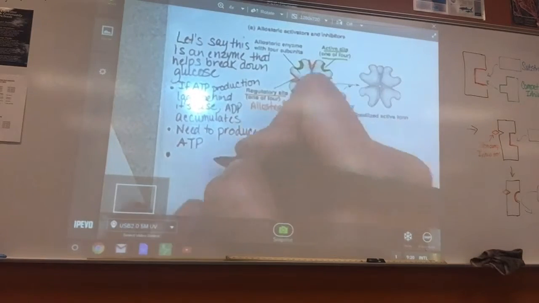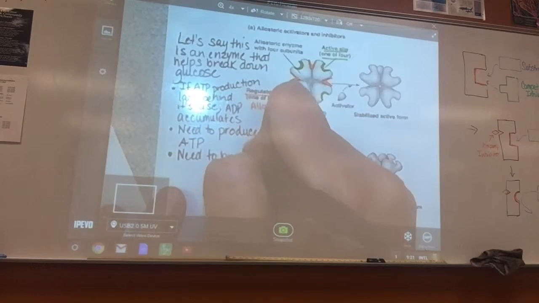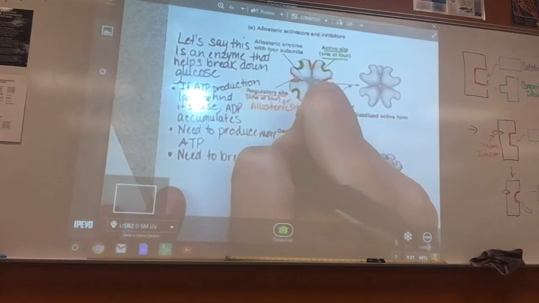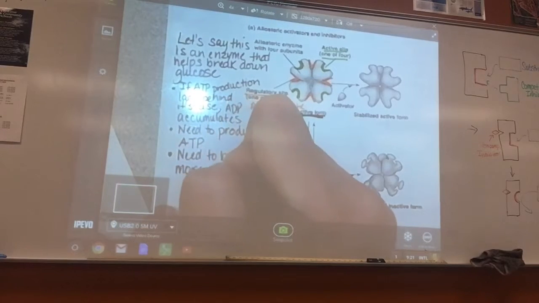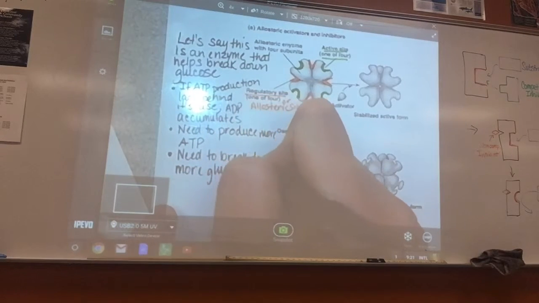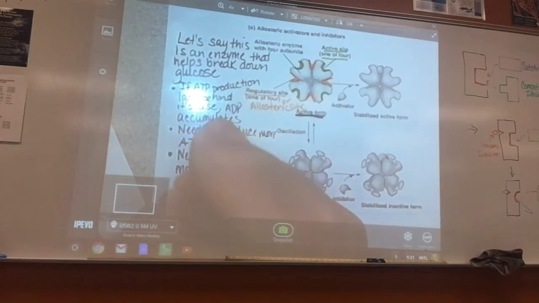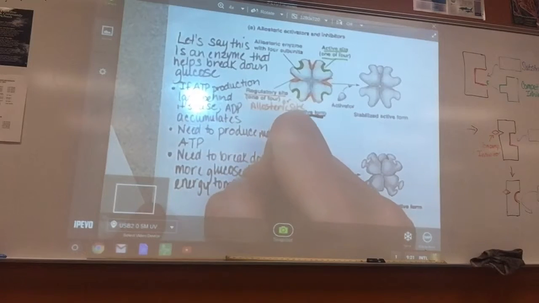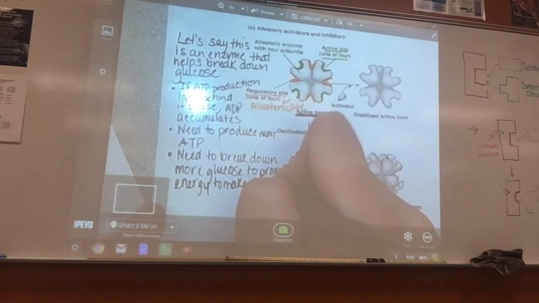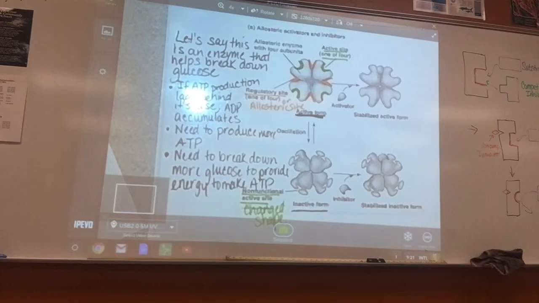So therefore, we need to break down more glucose to provide energy to make more ATP. So we want more cellular respiration to happen.